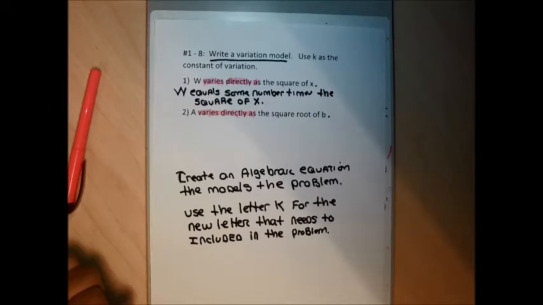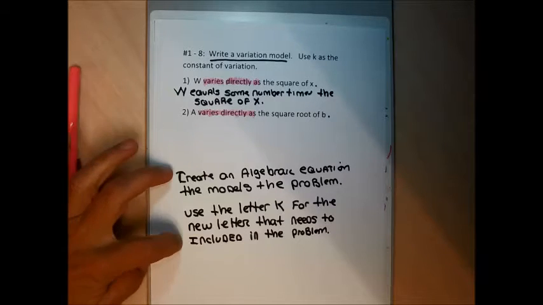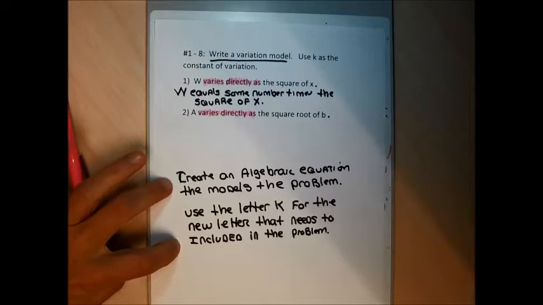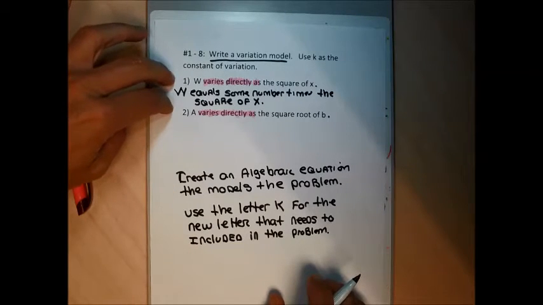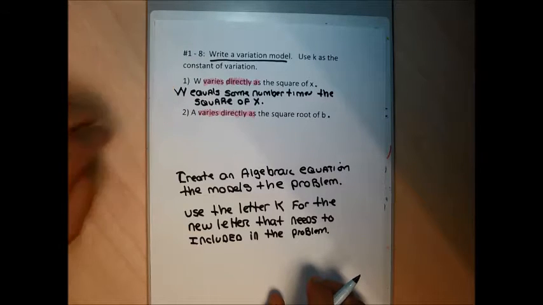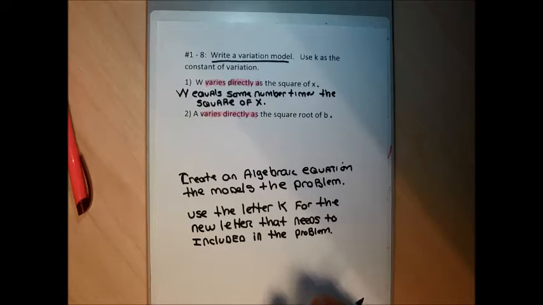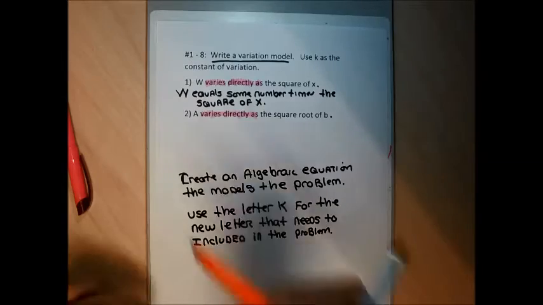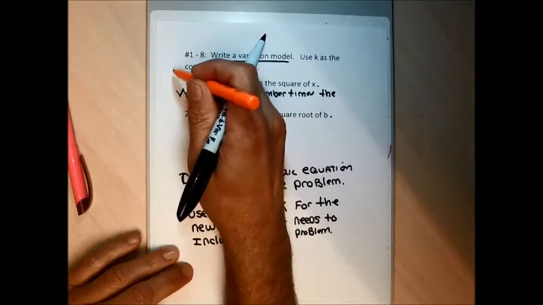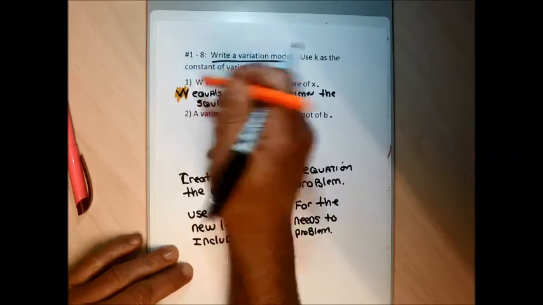And now I can start to understand the problem better. So what I'm going to do is take this sentence, transform it into an equation that doesn't have any words, and very specifically I'm going to replace the words in the problem with symbols.